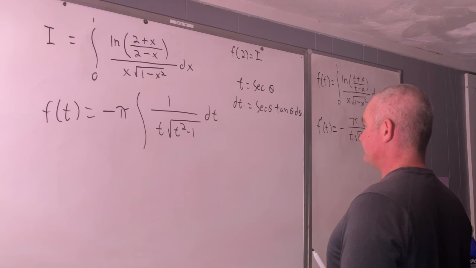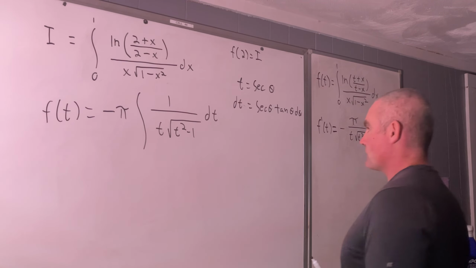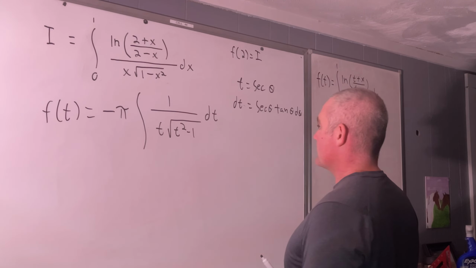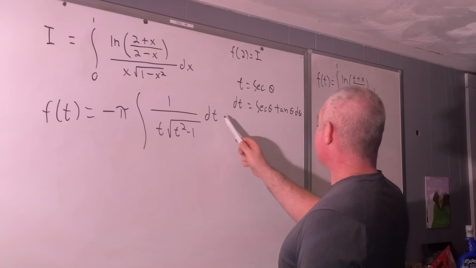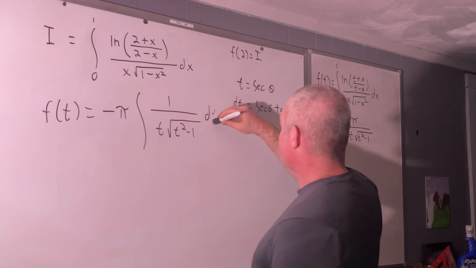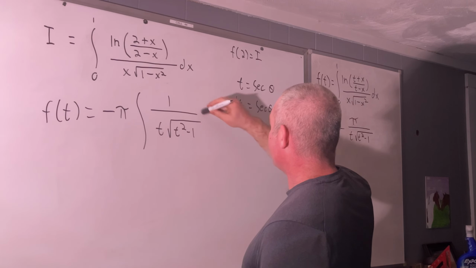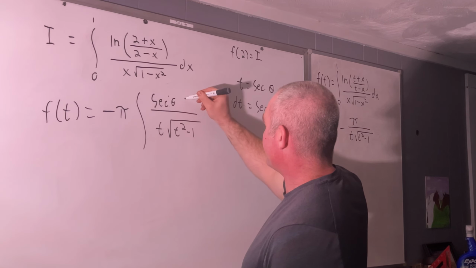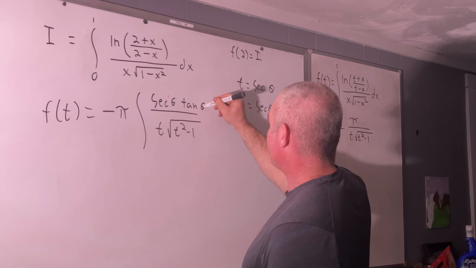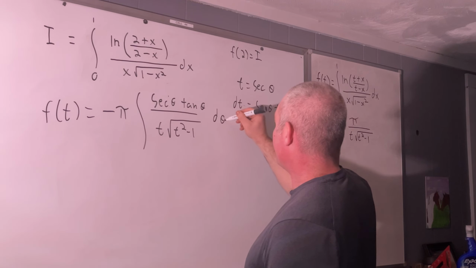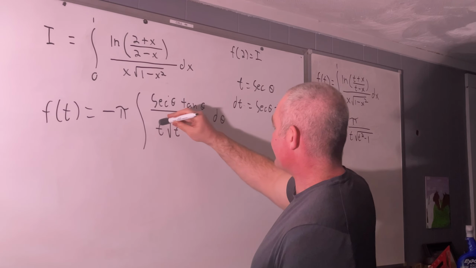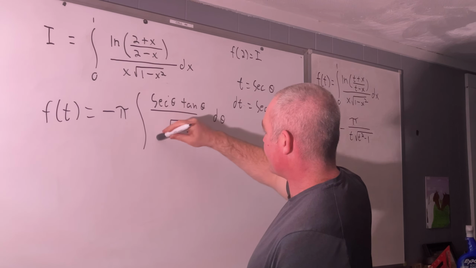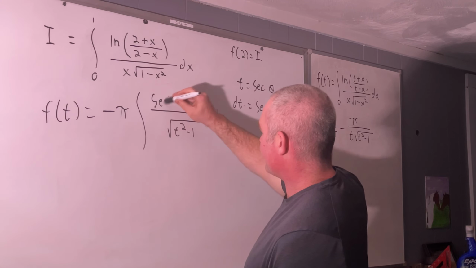So, we're still going, okay, this dt is secant theta tangent theta d theta. This t is a secant theta, which will just cancel this secant theta.